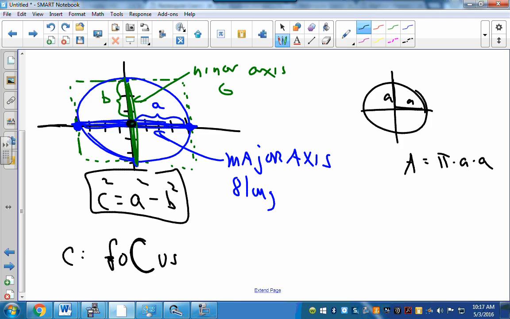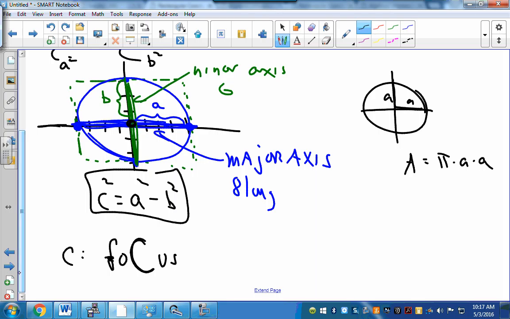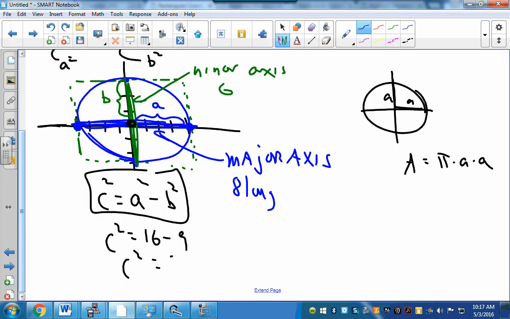So for this problem, what is C? Well, this is my A squared, and this is my B squared. So for this problem, C squared is 16 minus 9. C squared is 7.